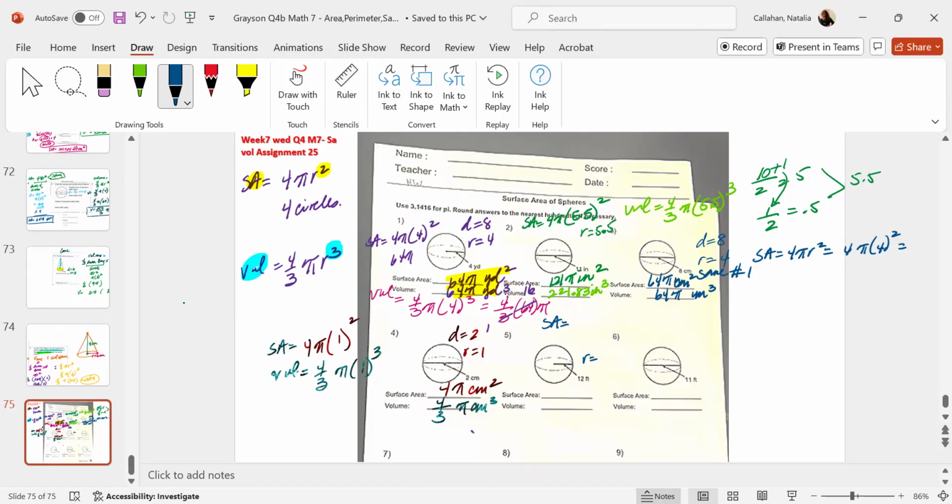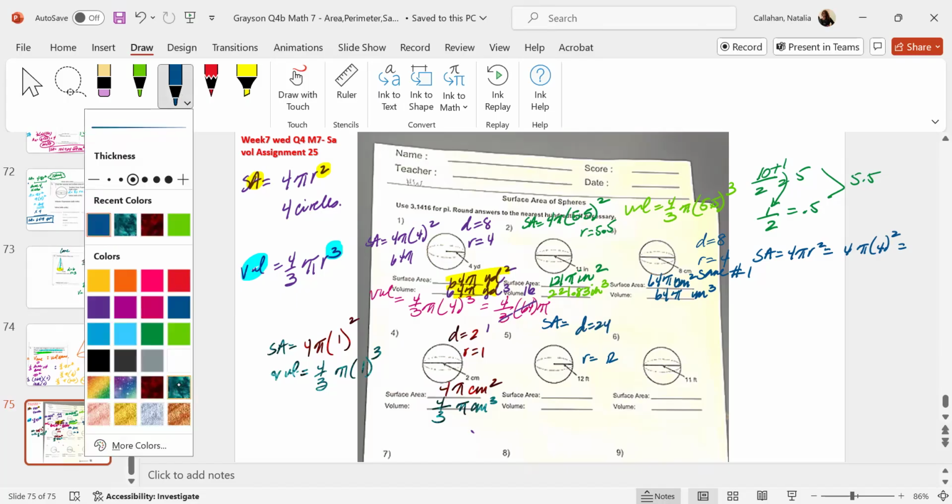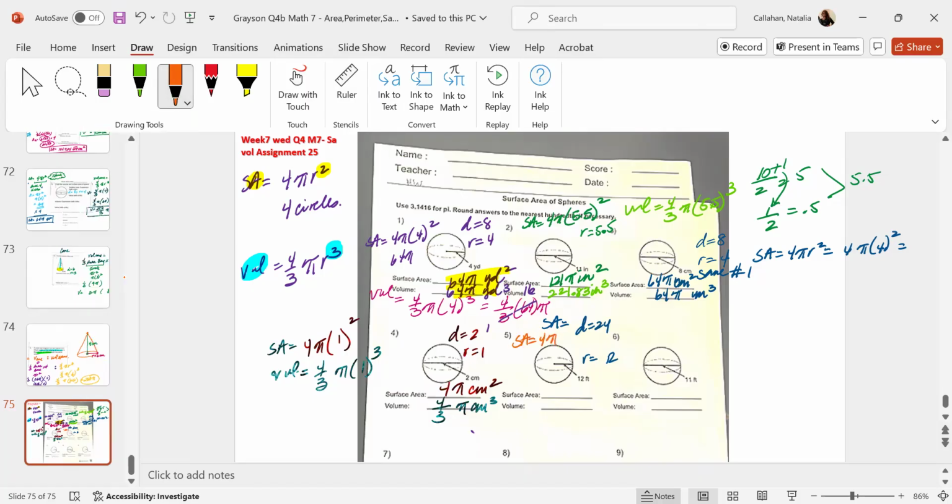The radius or diameter for 5, radius, which is 12. What's the diameter? 24. Good. 4 pi r squared is going to be 144. 144 times 4, 576 pi feet squared is your surface area.